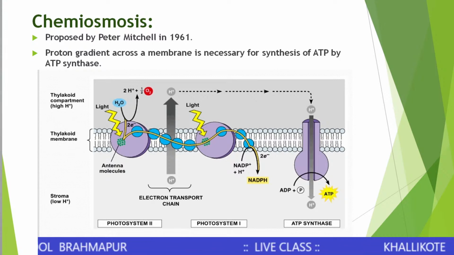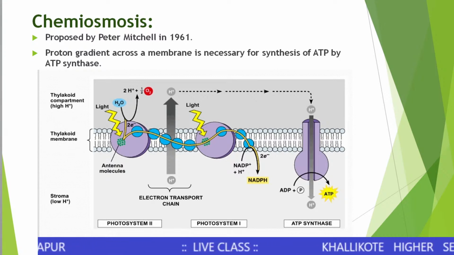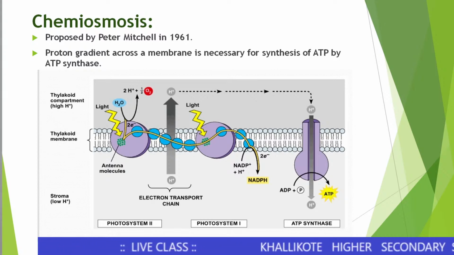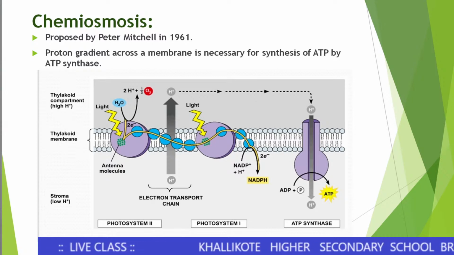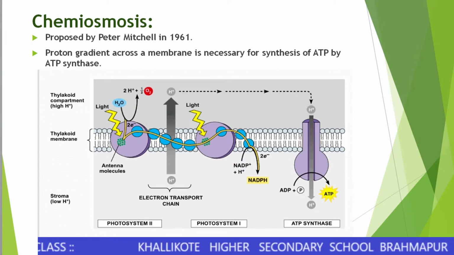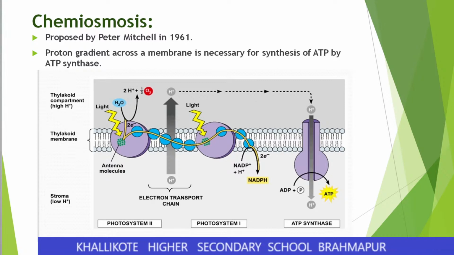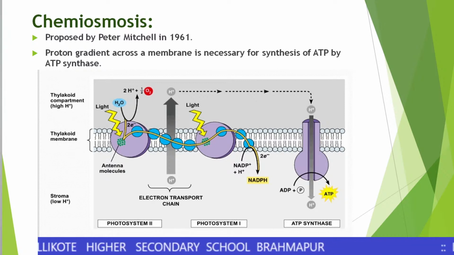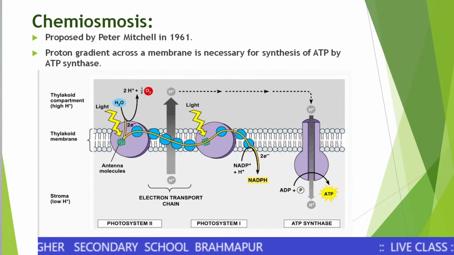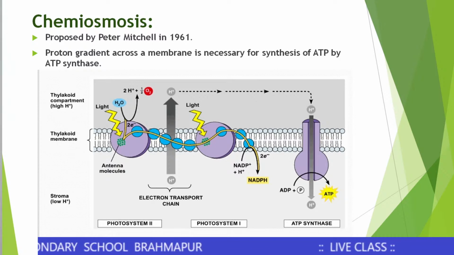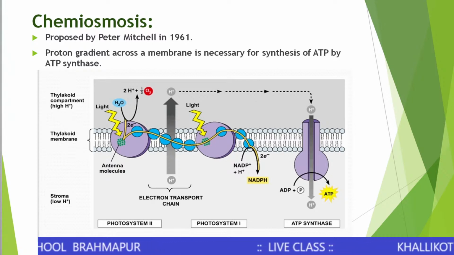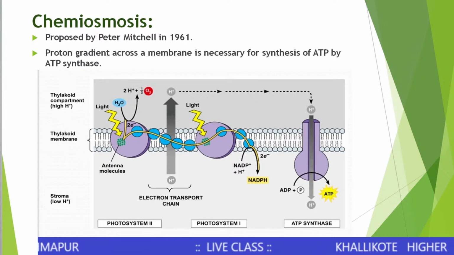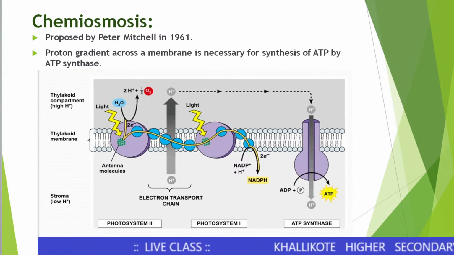So when it is in an oxidized state, with the help of the water splitting complex, there is splitting of water into H plus and O2 molecules. So these H plus ions are now released in the thylakoid compartment, or they are present in the thylakoid lumen.